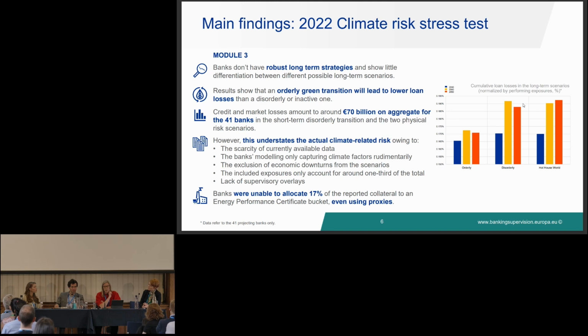And there was a lack of supervisory overlays. Finally, banks were unable to allocate 17% of the reported collateral to an energy performance certificate bucket, even using proxies. So that's quite some numbers, and I think here we have a lot of lessons we've learned.